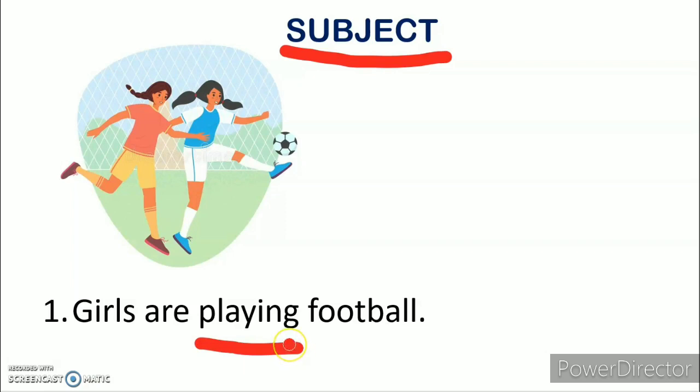And then we have to look at who is the one who is performing the action of playing. So, the girls are performing the action of playing. That means the girls are the doer in this sentence. Therefore, girls are the subject here.